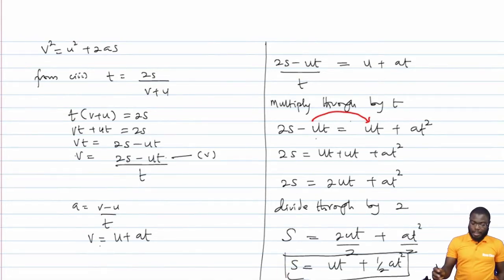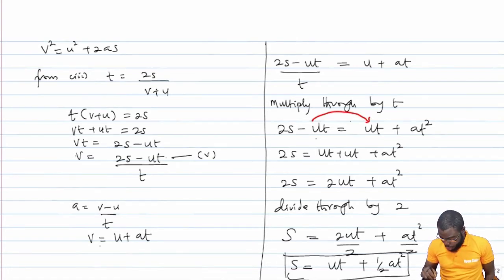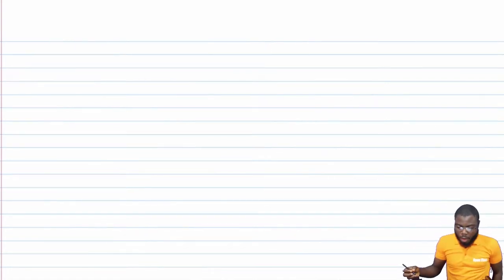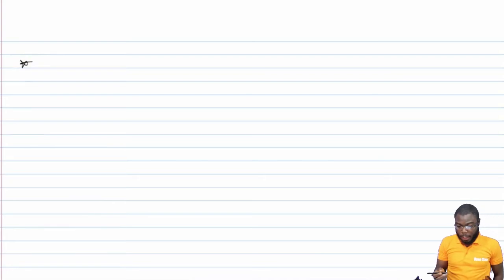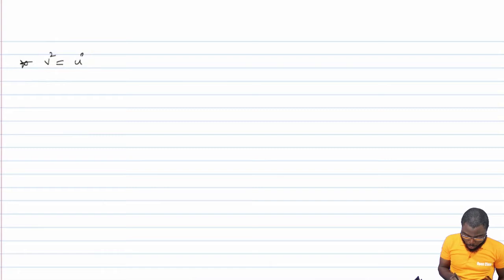So what the question is saying is you should pick from the equations I have derived for you. You have a number of them, and we say which one is incorrect. Let's look at the options. One of the options is not so clear, so I don't know what it means. We have v squared equals u squared plus 2s.